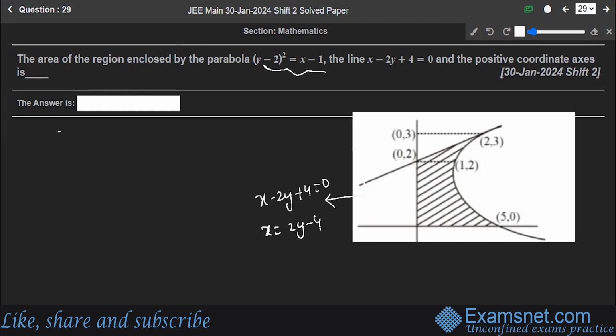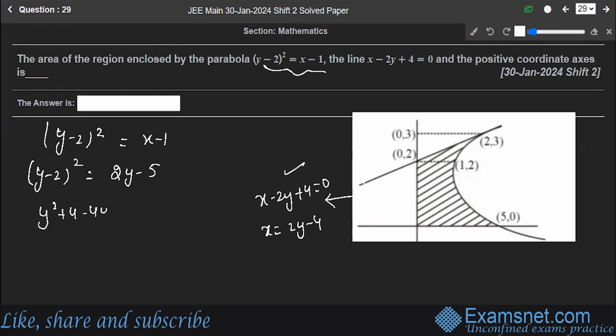Let's find out the point of intersection of this parabola and this line. So this will be y minus 2 whole square equals 2y minus 4 minus 1, which is 2y minus 5, y square plus 4 minus 4y is equal to 2y minus 5, or you have y square minus 6y plus 9 is equal to 0. This is y minus 3 whole square.